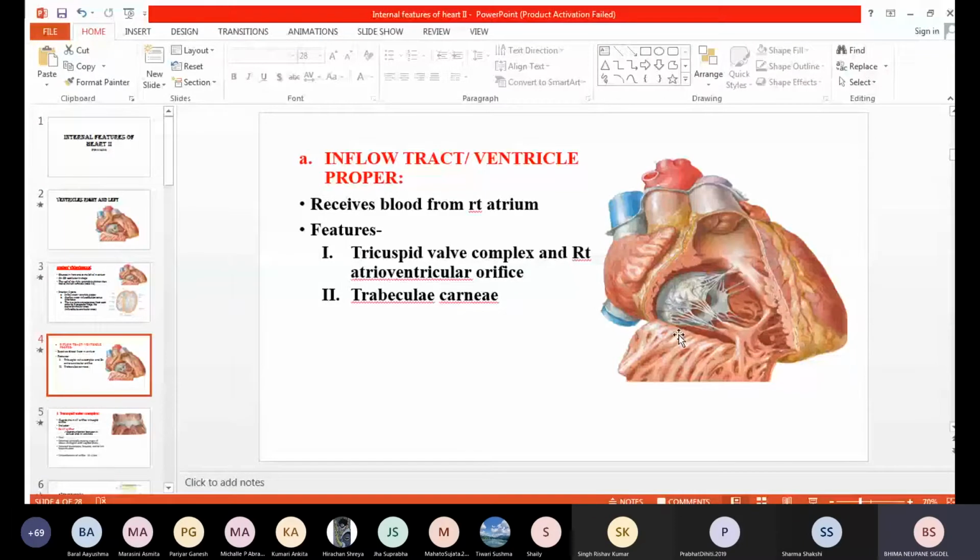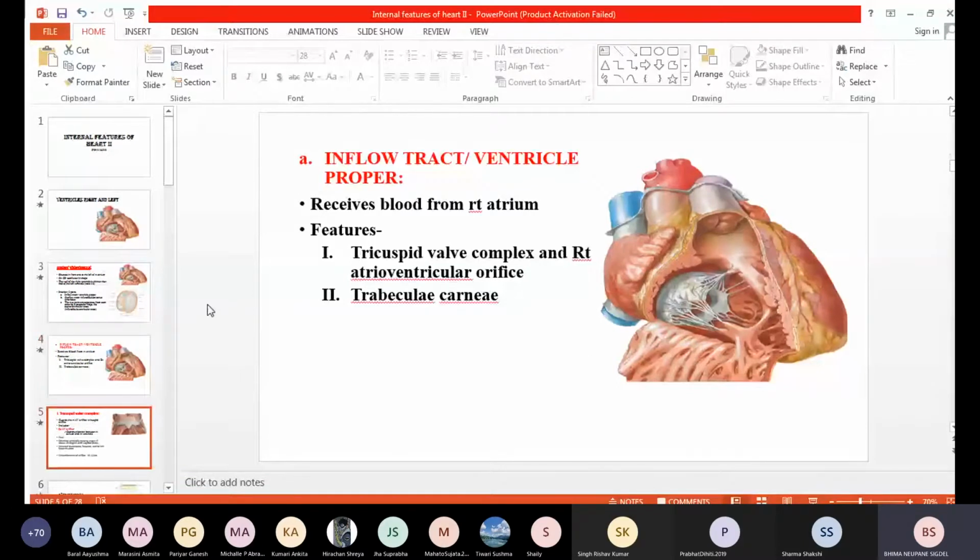These are elevated muscular ridges present on the inflow tract of the ventricular proper. These are the most important features present on the inflow tract of the right ventricle: the tricuspid valve complex, the right atrioventricular orifice, and the trabeculae carneae, which are the muscle present on the ventricular proper.